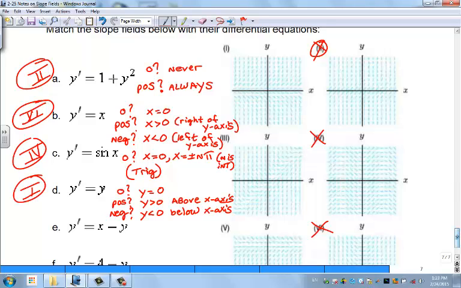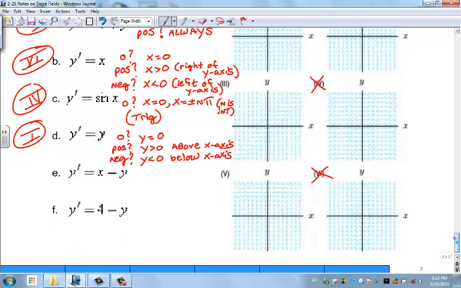Y prime equals x minus y. Well, when is this going to be 0? Well, set it equal to 0. 0 equals x minus y. So x equals y. This is going to be 0 when x equals y, or y equals x. So look along the line y equals x.